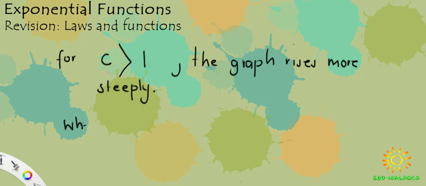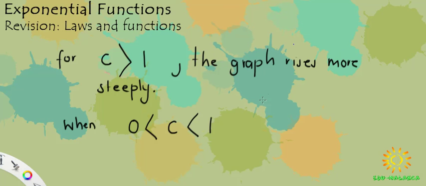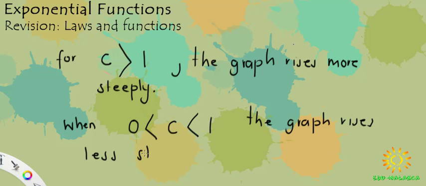When 0 is less than c, which is less than 1, so when your c is a fraction, say for example we had c is 1 over 3, then what would happen is the graph rises less steeply.